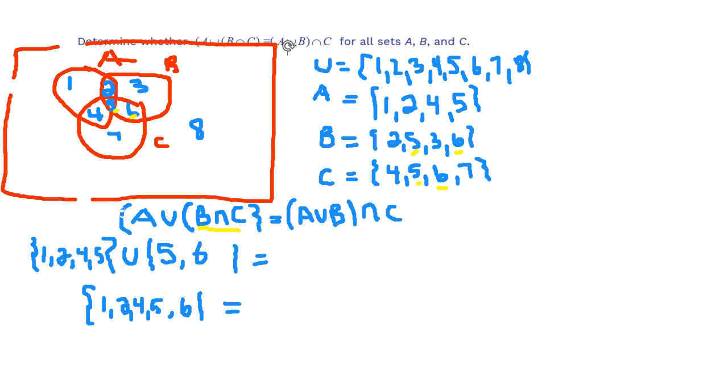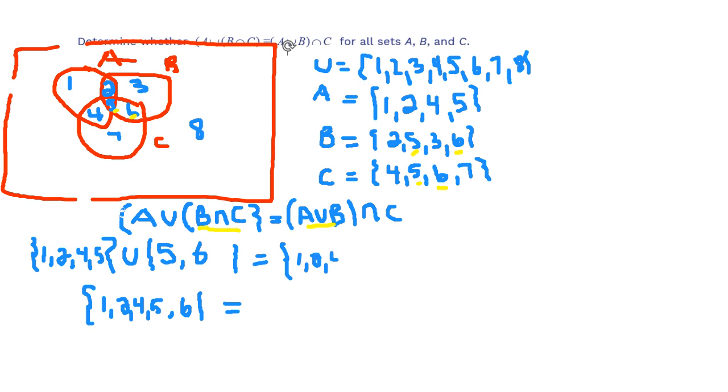So we have A union B. That's what you want to do first. You want to do the parentheses first. A union B is put everything in A, so everything in A is 1, 2, 4, and 5.